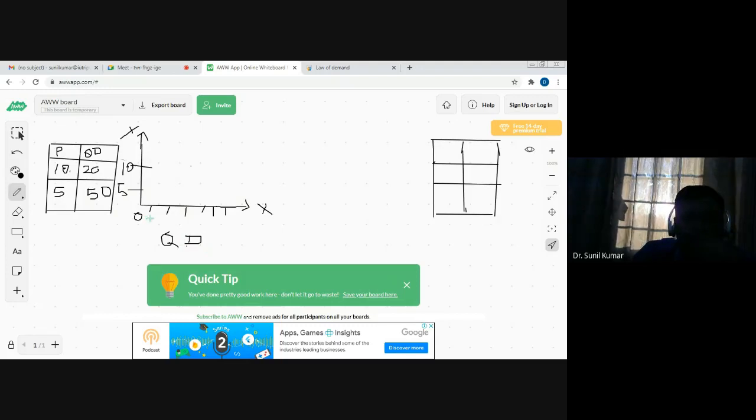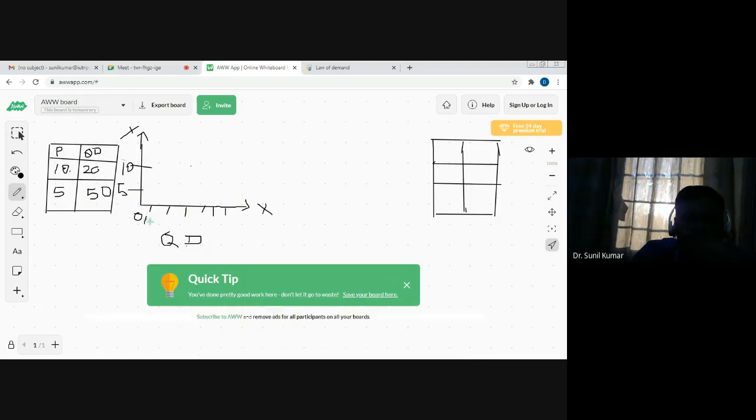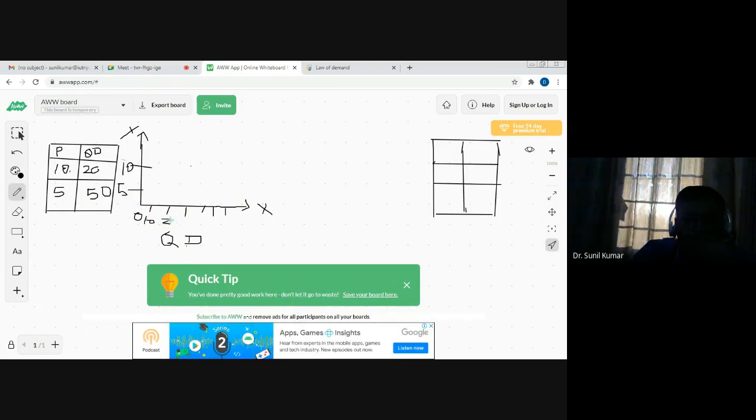So write down 10, 20, 30, 40, 50, and about 60.